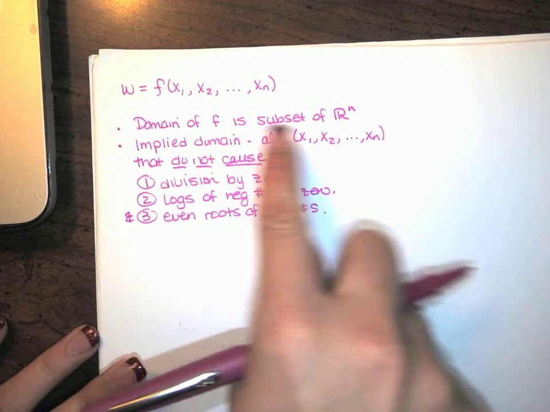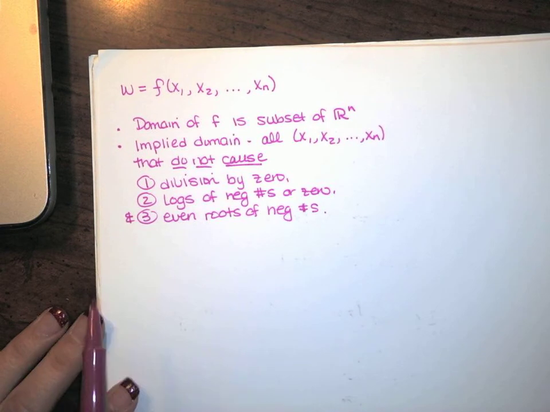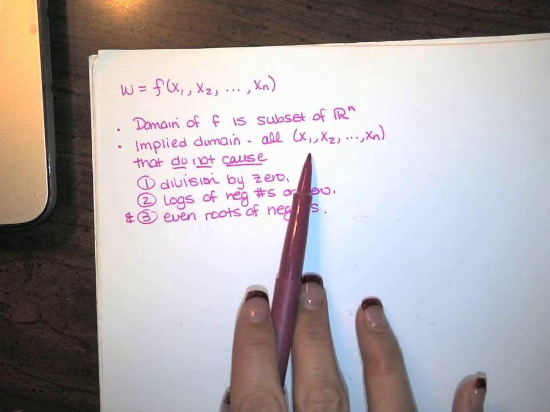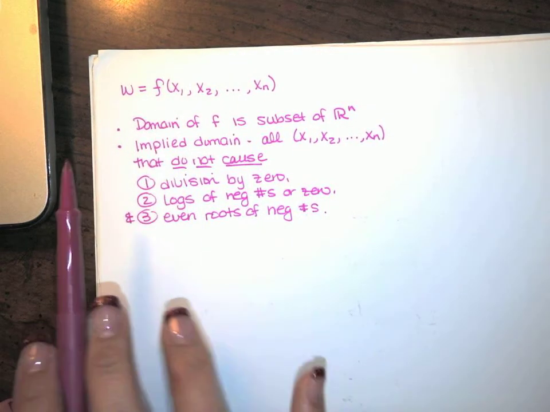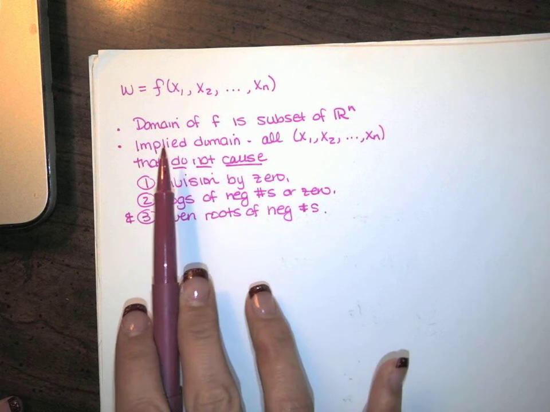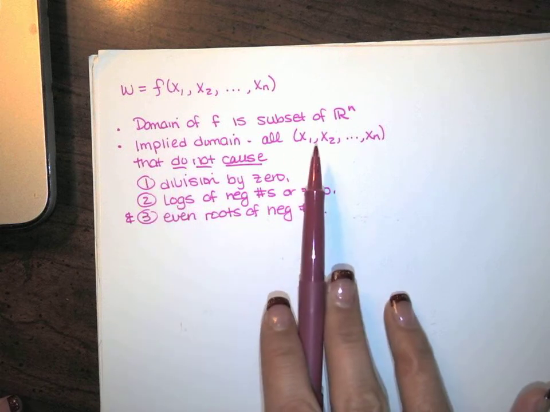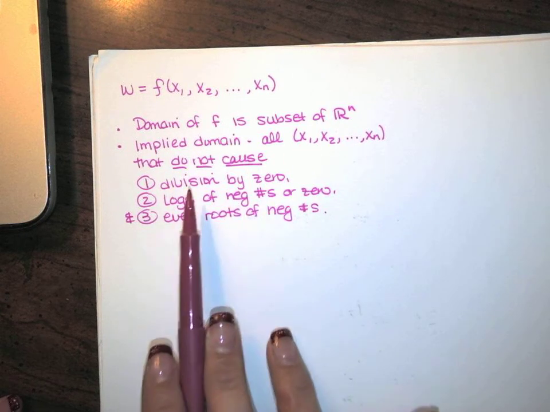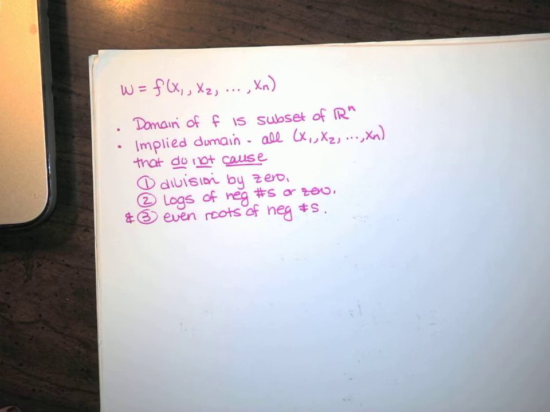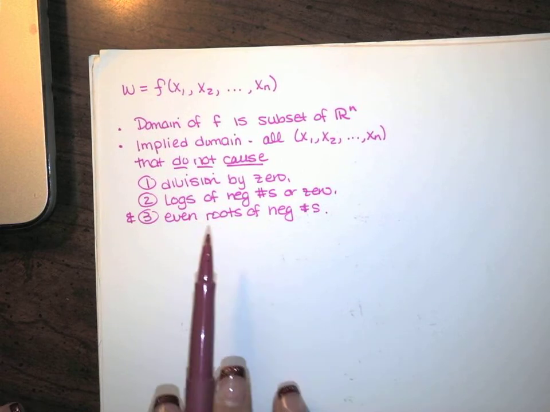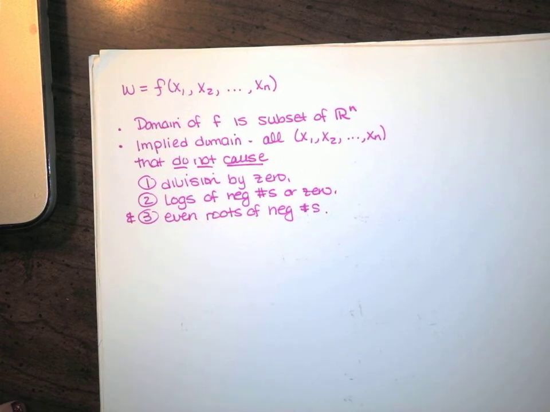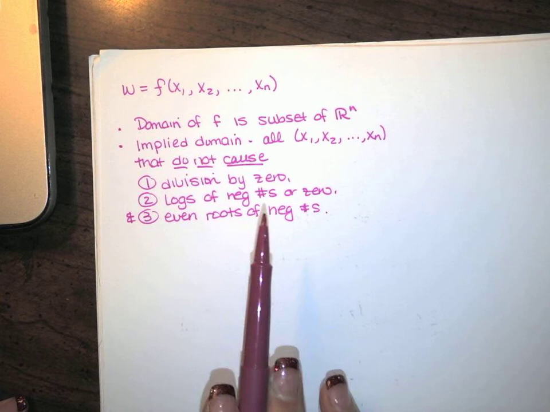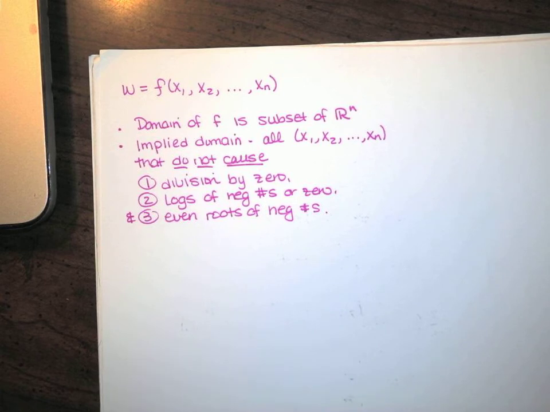So our domain is a subset of Rn. If we're just given a function, it's defined by a formula. The implied domain is all the ordered n-tuples that don't cause division by 0, that don't cause logs of negative numbers or 0, and that don't cause even roots of negative numbers. We think about what doesn't work, and then we say everything else that works, that's in the domain.